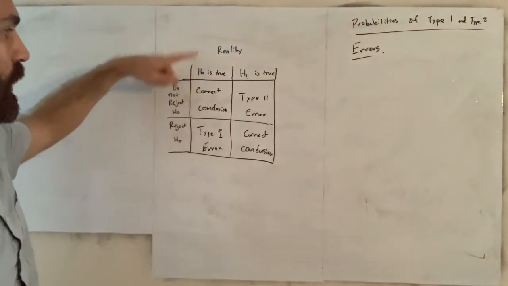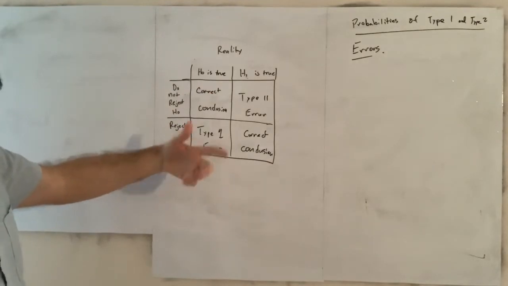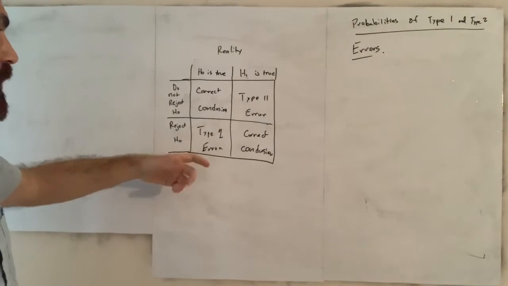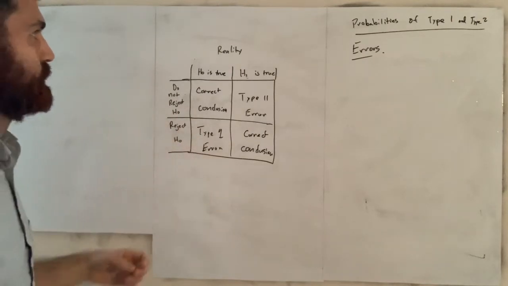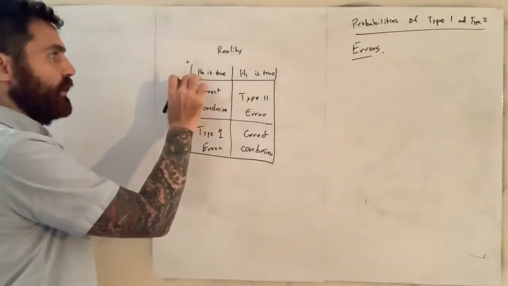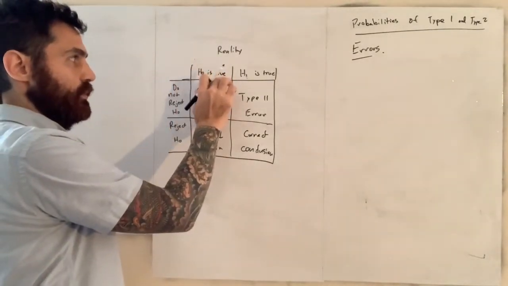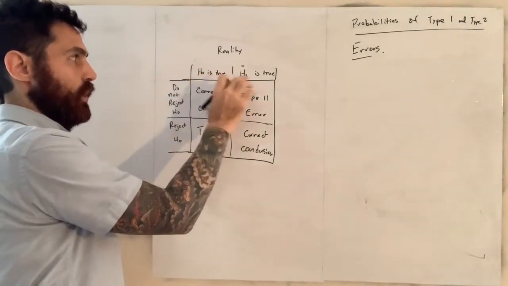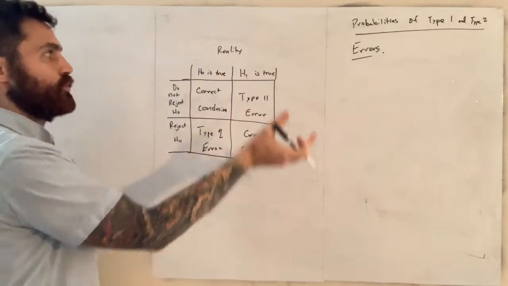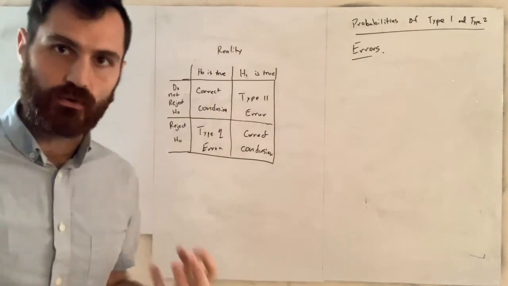Then we're going to have this matrix. I'll call it the error matrix, where you have the reality of the situation. Either H0 is true, the null hypothesis is true, or H1 is true. If H1 is not true, then H0 is going to be true.